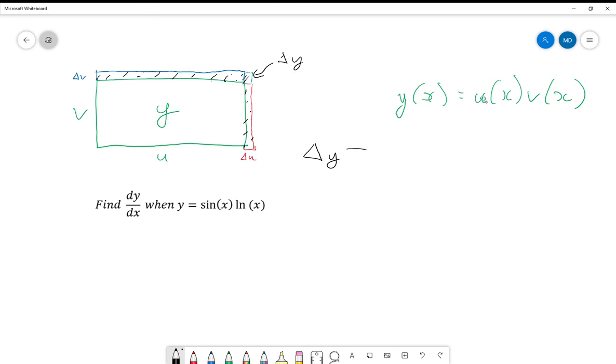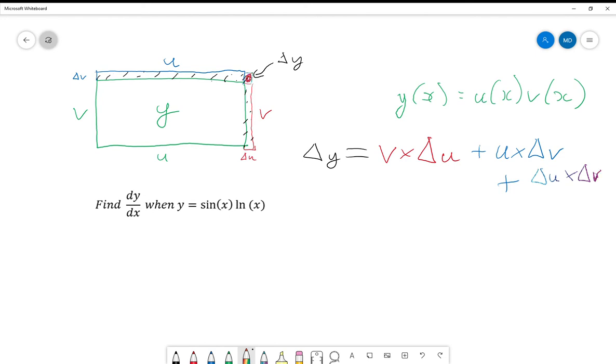Well, delta y is equal to three different bits. This red bit here, the height of it is v, and the base is delta u, so the change is v times delta u, plus the blue bit up here, which has a length of u and a height of delta v, so plus u times delta v, the change in area of the little strip on top, and then plus that tiny little bit extra, which is just delta u times delta v, that is this little bit up here.